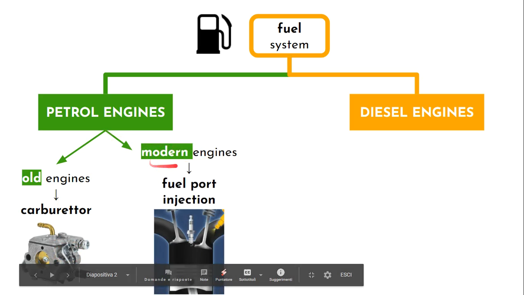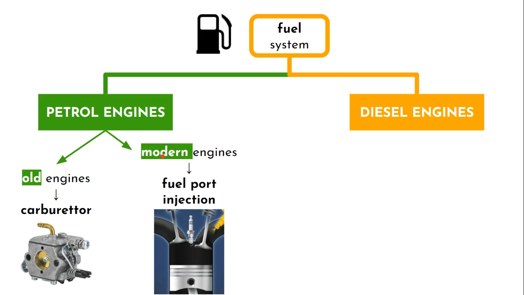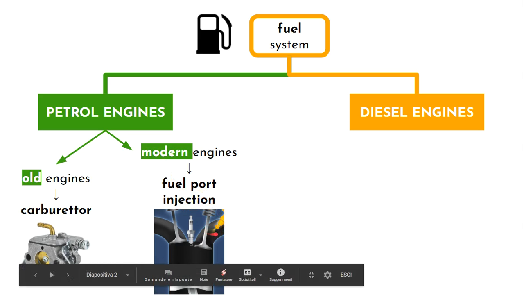But today's engines, modern engines, all use a fuel port injection. Now, in a fuel port injection, quindi iniezione indiretta diremmo noi, the fuel is injected here, right above, proprio sopra, the intake valve.